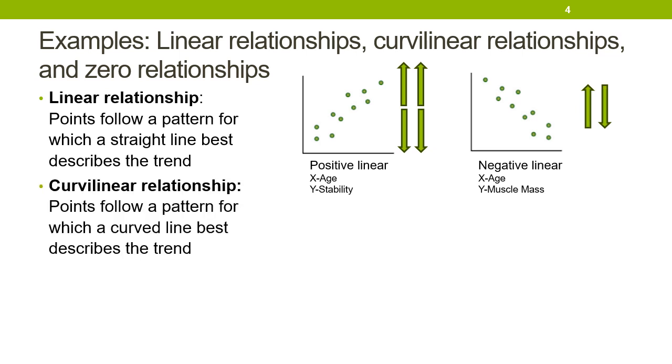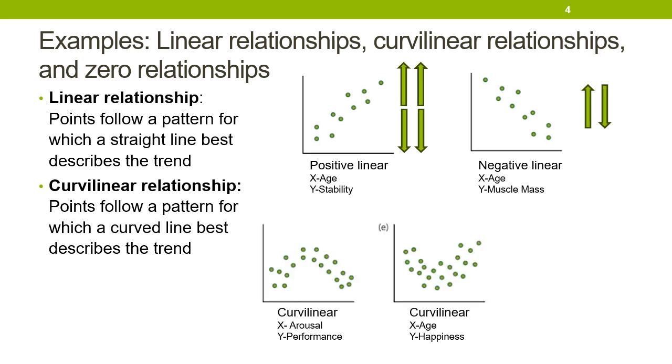A curvilinear relationship is one in which the points follow a pattern for which a curved line best describes the trend. You can see in these two examples, the inverted U and the U, that these are both curvilinear relationships. The first one hypothesizes a curvilinear relationship between the X variable arousal and the Y variable performance.